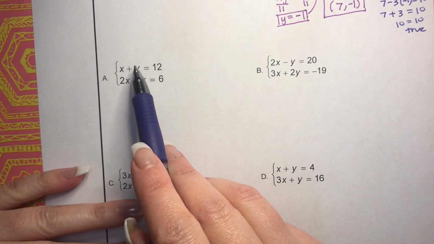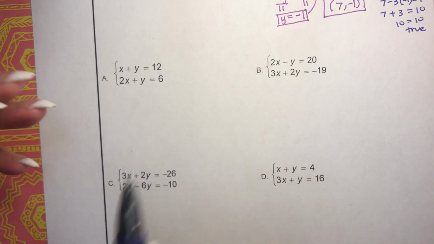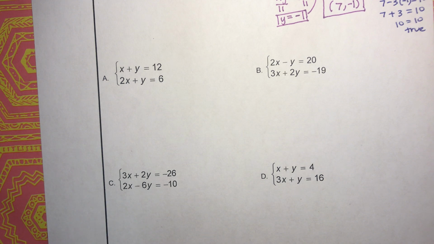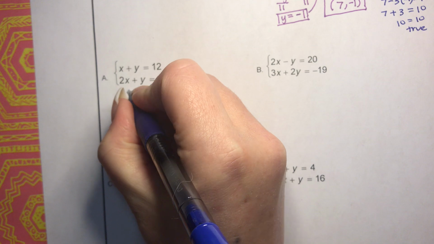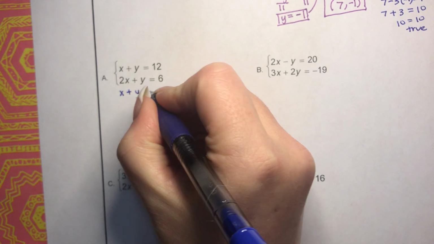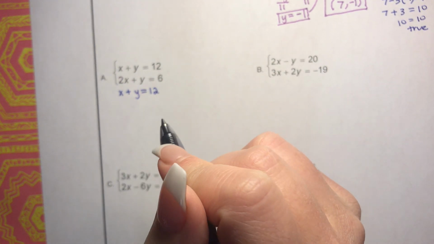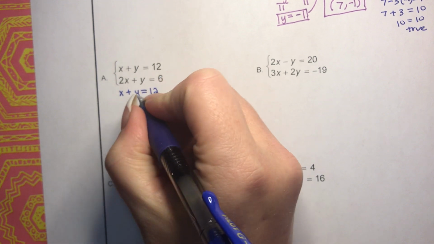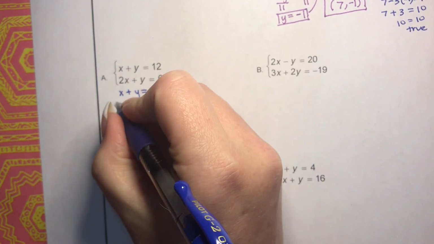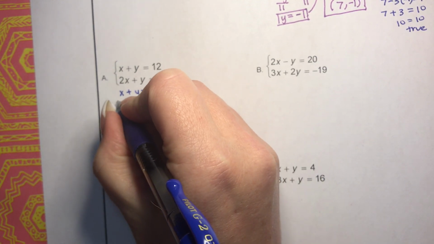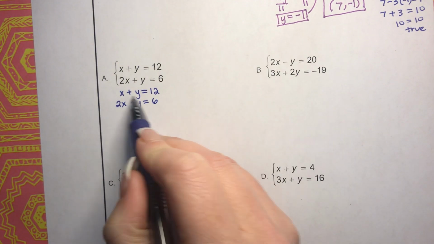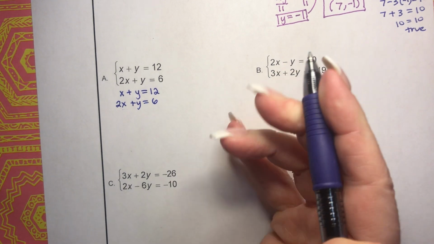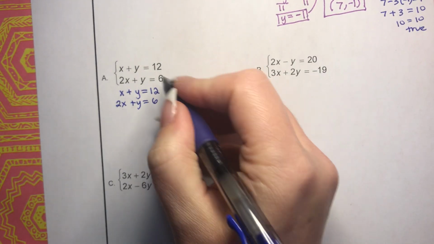In this case, when you have the same number but you don't have opposite signs, it's super easy. All you have to do is take this first equation, or the second, it doesn't really matter, but this one's easier, so I'm going to choose this one.